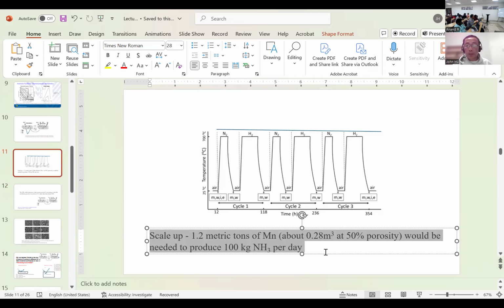This is what I cited from the paper. They need 1.2 metric ton of manganese to produce 100 kg ammonia per day. All the data are in our paper, so you don't have to spend too much time. Just read some of the key data, see if you come up with the same thing.